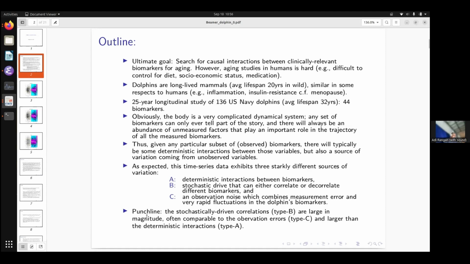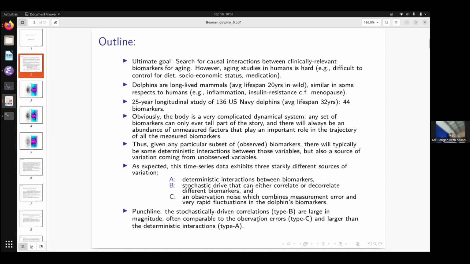The summary, just to jump to the conclusion, is that in this data set, even though it's a very, very well curated data set, probably the best longitudinal study of biomarkers available for long-lived mammals that we have access to, even though it's a really good data set, we still find that what looks like noise, the accumulated influence of all these unobserved biomarkers that we haven't seen, is the largest source of variation in the data set.